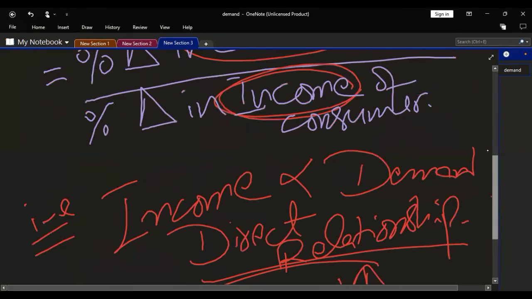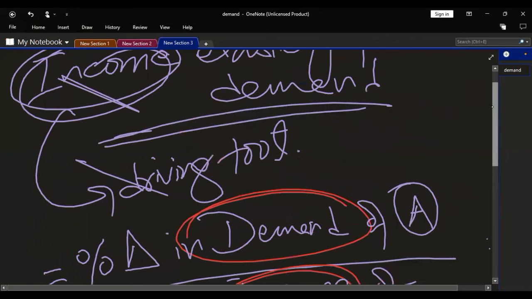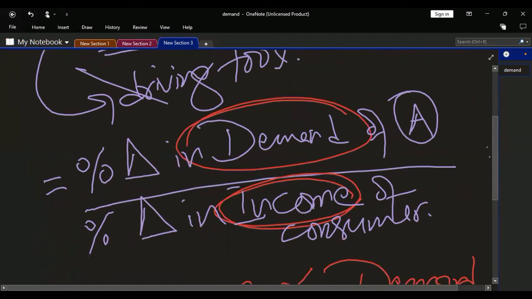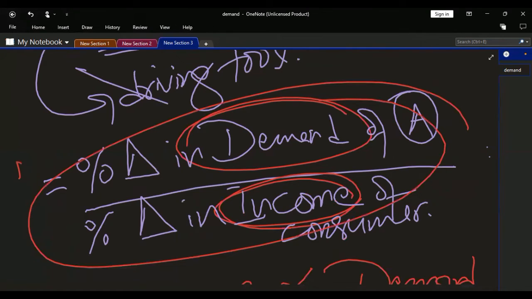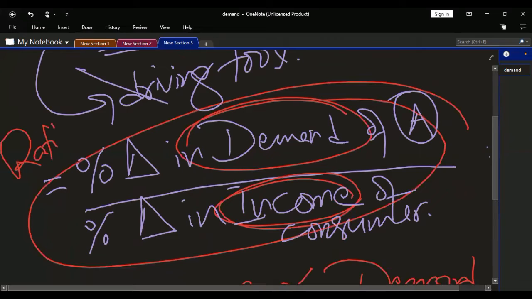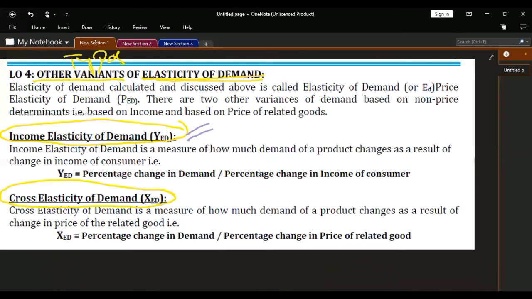So, income elasticity is the relationship between the percentage change in demand of a product to percentage change in income of the consumer, or you can simply say that it is a ratio between demand and income. So, let's study it from notes.